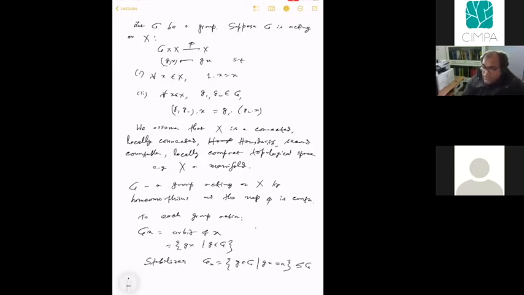So the stabilizer is a subgroup, but the orbit is a subset of X. This is the difference between an orbit and a stabilizer.